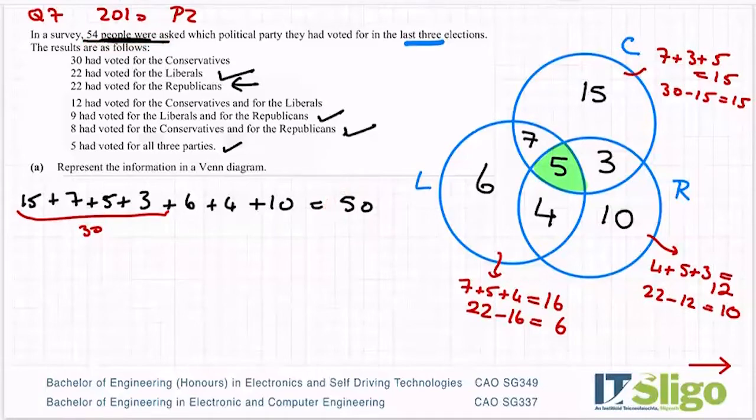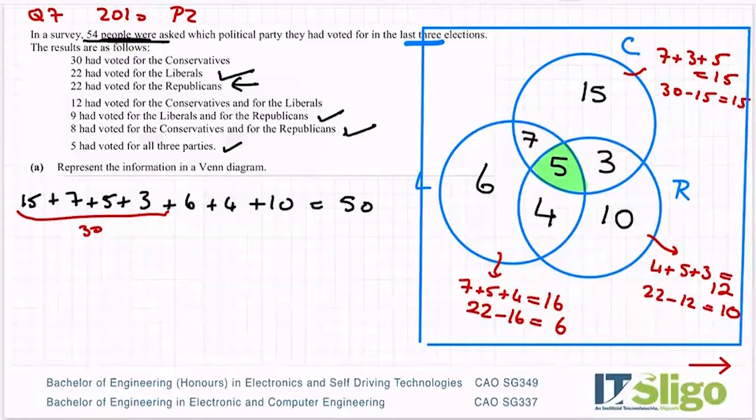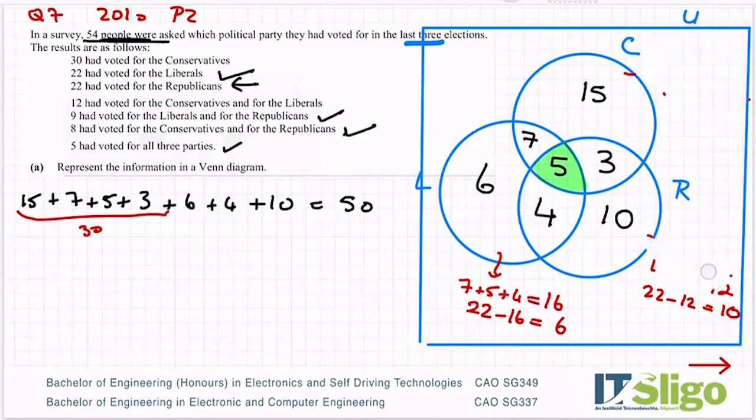So what I must do is I must put a universal set around this. Okay, so that's my universal set. I might clean out the calculations from around it so that you don't get confused.